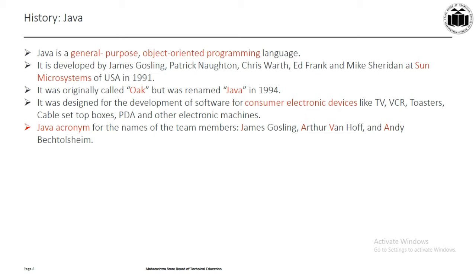It was designed for development of software for consumer electronic devices like television, cable set-top boxes, and other electronic machines. Java is an acronym for names of team members. J stands for James Gosling, A stands for Arthur, V stands for Van Hoff, and A stands for Andy Bechtolsheim.